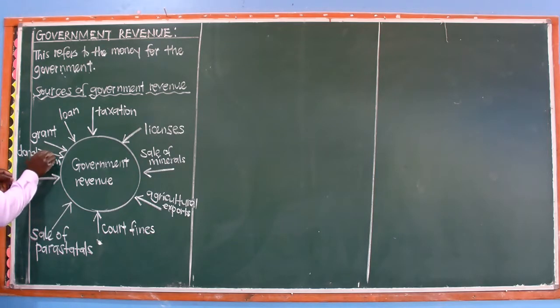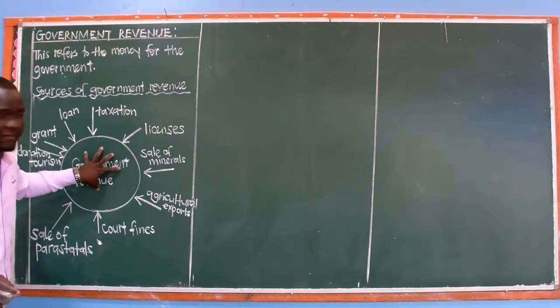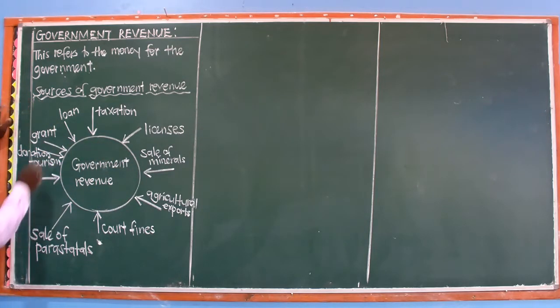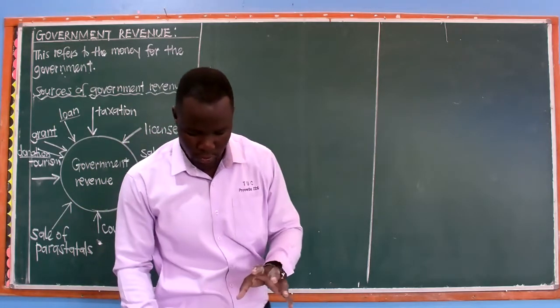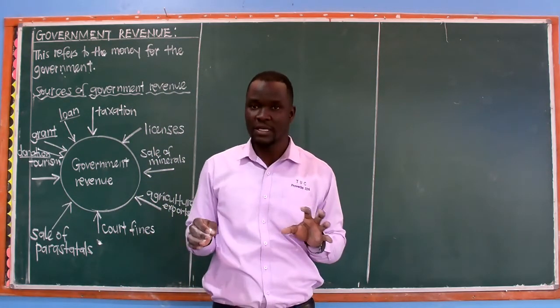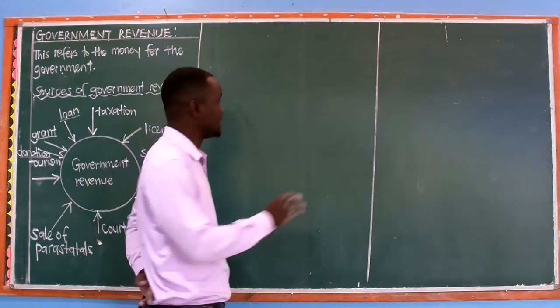Before we look at the next step about government revenue, let's first understand these three we have written: grant, donation, and loan. I said in your book we are missing these three. I want you to find space and add them on that page 56.